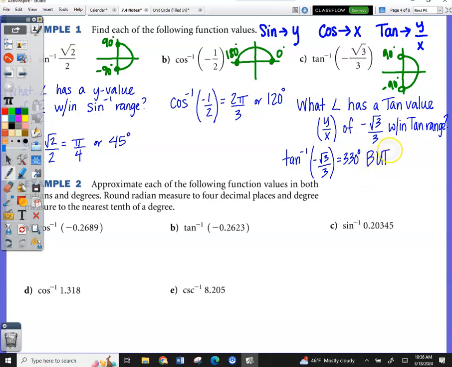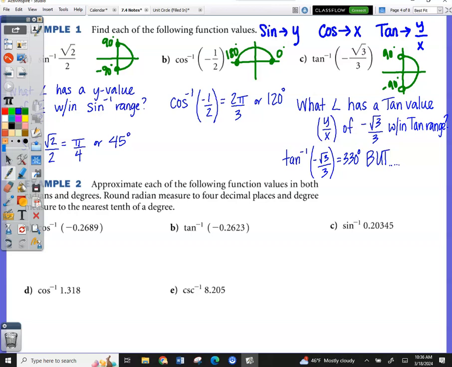But look at your range. Your answer needs to fall between negative 90 to 90. It'd be negative 30. So it's negative 30.